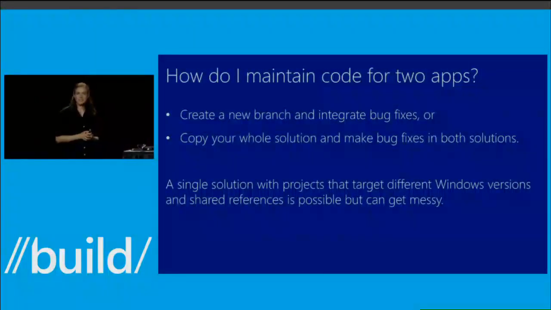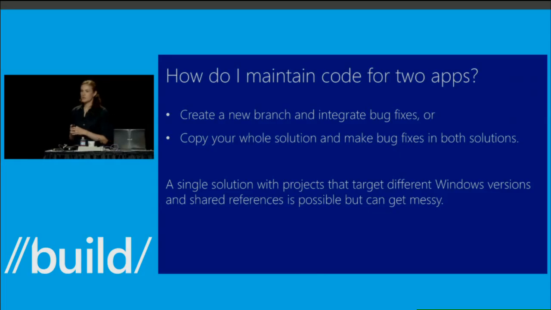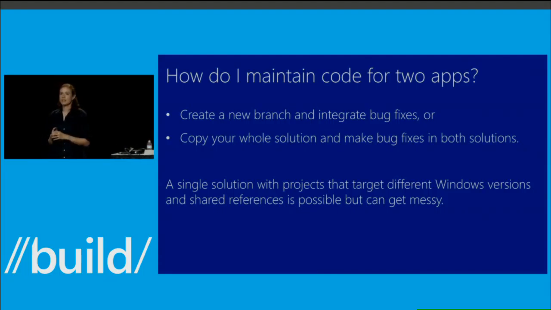So engineering questions. If I have two applications, my Windows 8 application and my Windows 8.1 application, how do I maintain those code bases? Well, for a lot of you, you already know the answer to this question. If you use source code control, then chances are you already know you're going to create a new branch, and you're going to have your Windows 8 branch and your Windows 8.1 branch.